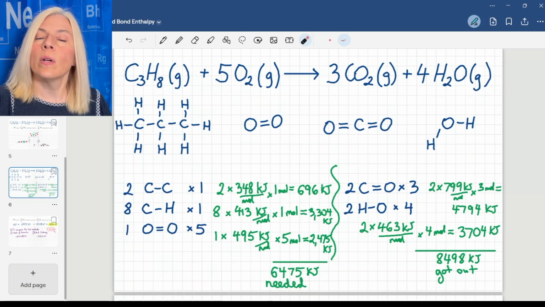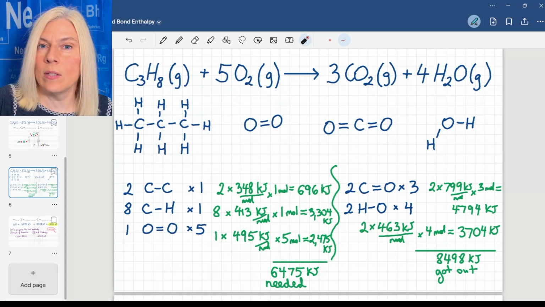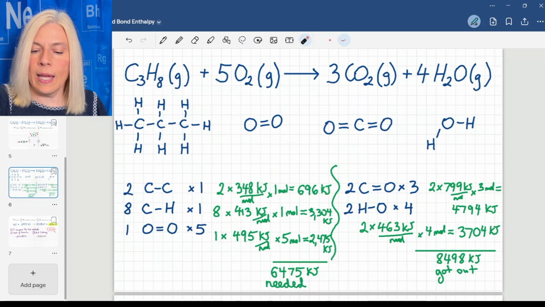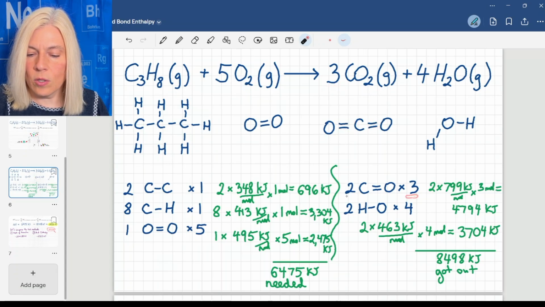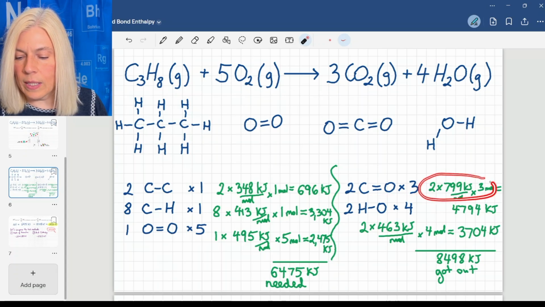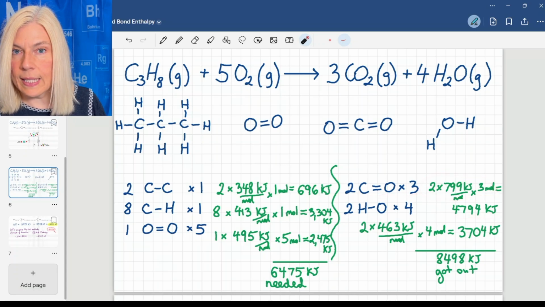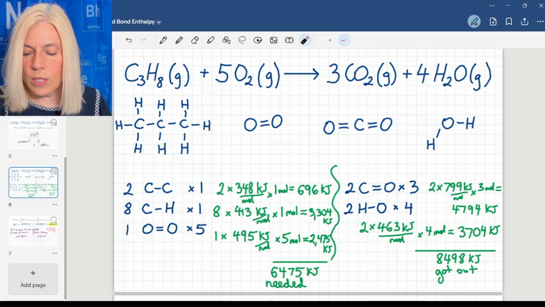Okay, what about how much energy will be released when I make new bonds? Well, again, each carbon dioxide molecule has 2 carbon-oxygen bonds, and I have 3 moles, right? So 2 of these bonds times 3 moles. I'm going to write this down. Here is 4,794 kilojoules. And then I make 4 moles of water.